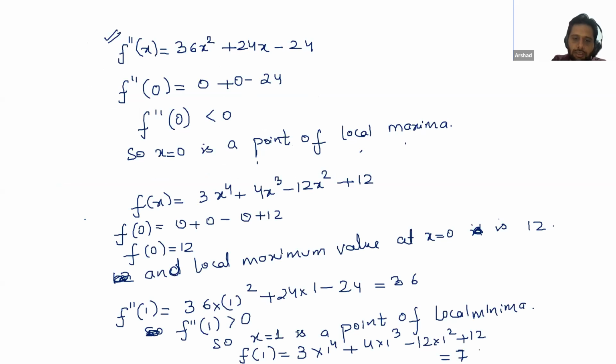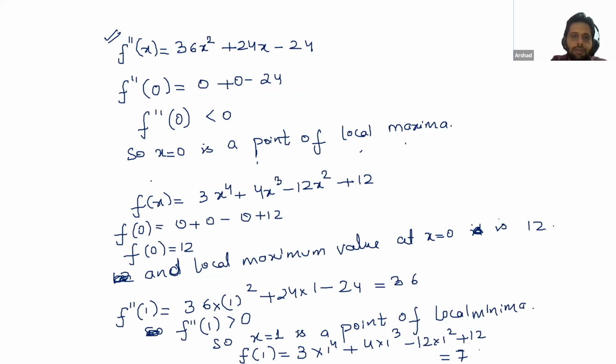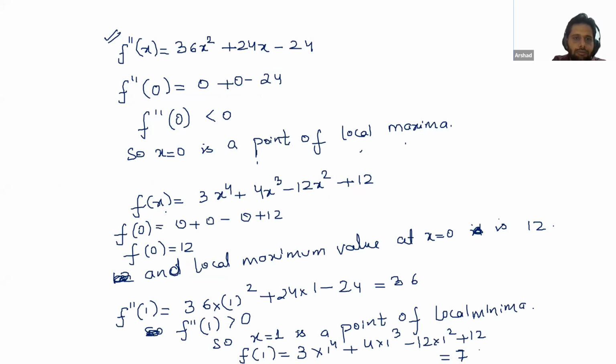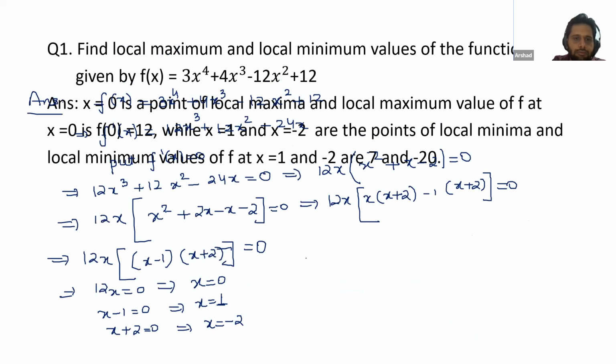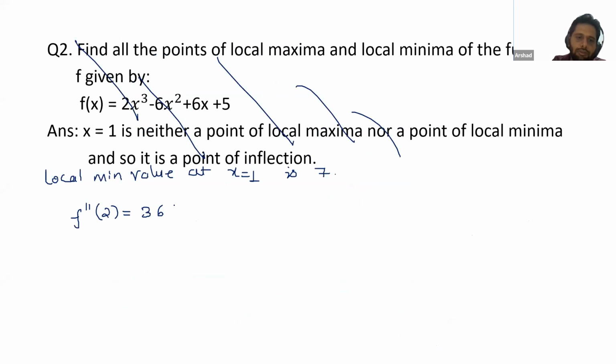Next, last we need to check x is equal to 2. So right here f double dash 2, which is equal to what? 36x squared. So 36 into 2 square plus 24 into 2 minus 24.